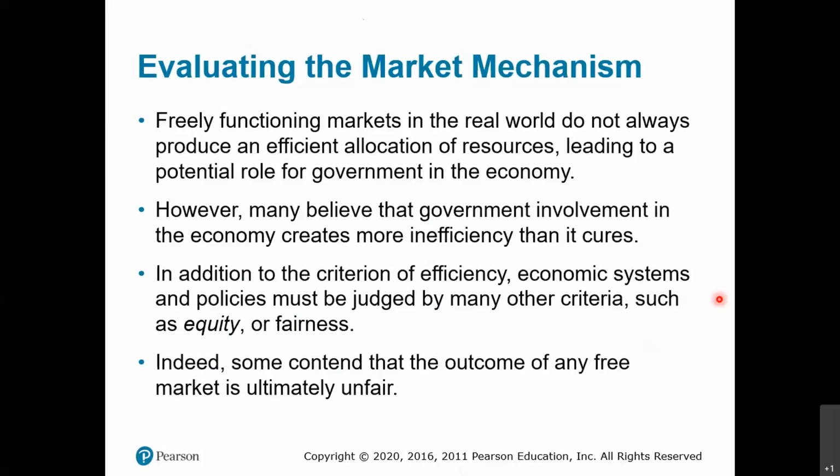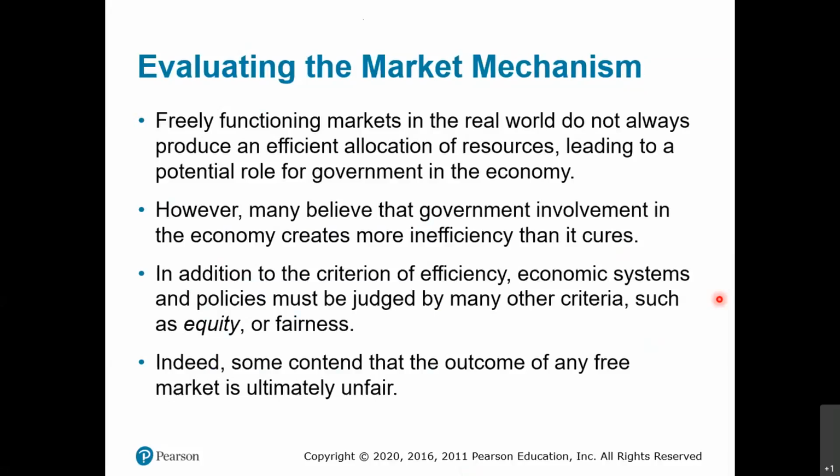Now, some people argue government involvement can be a cure worse than the disease. You know what? They got a point. It is possible. Is it always true? Not necessarily. But is it possible? Yeah. Now, I want you to understand, though, we have driven this argument in terms of efficiency.